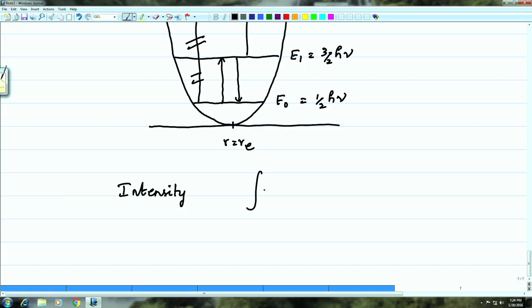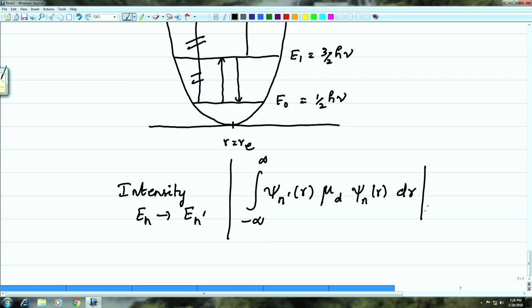the integral of the wave function, the intensity of transition from say E n to E n prime. If we mark two different energy levels, then the integral from minus infinity to plus infinity of psi n prime of R, mu d, that is the dipole moment, psi n of R dr, the absolute square of this is proportional to the intensity.